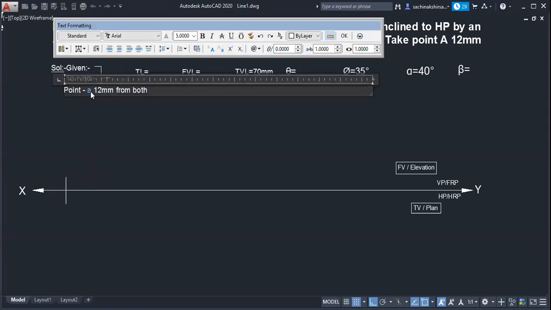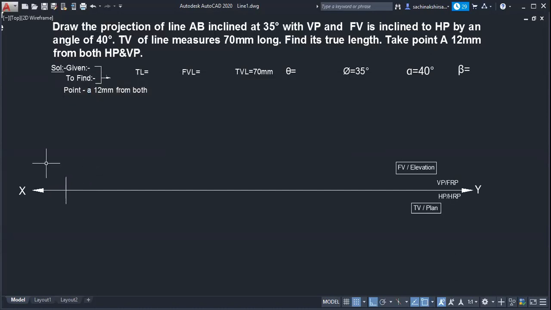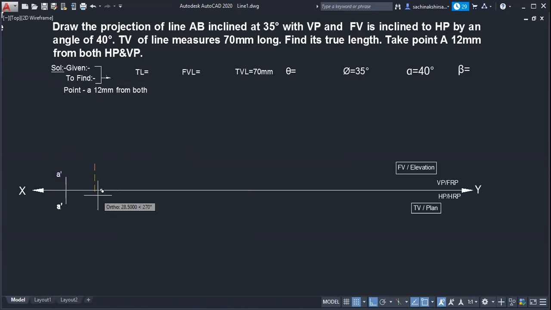Point A dash. Similarly, in the top view also, I will mark this point. Which is this point? A.